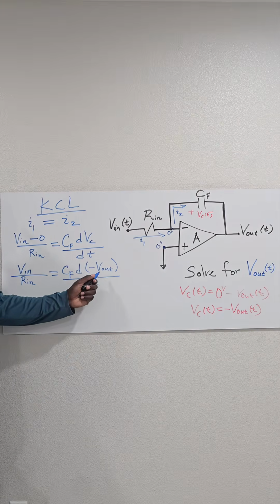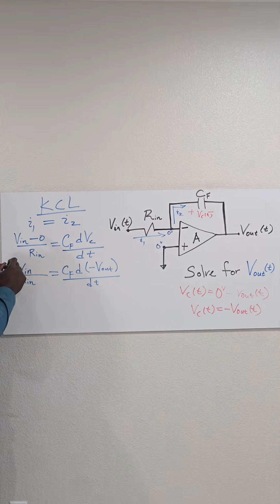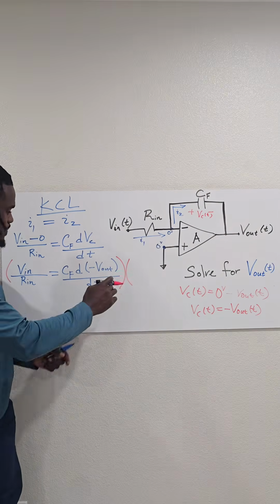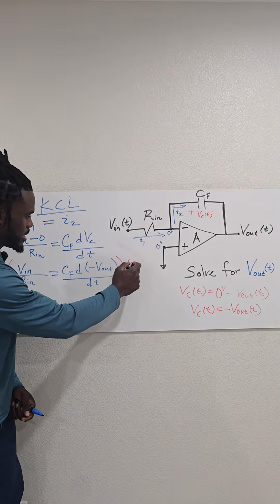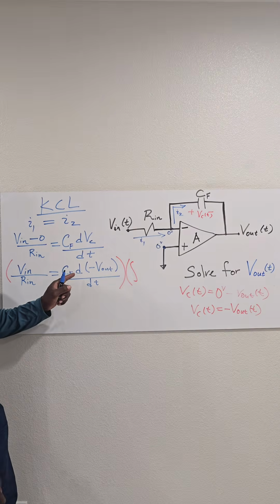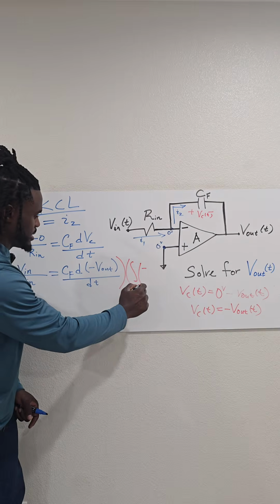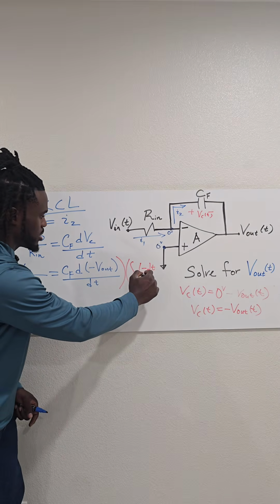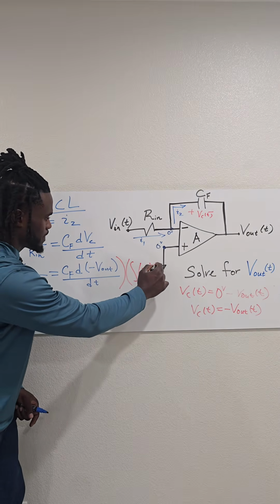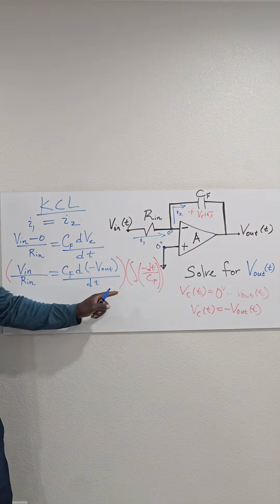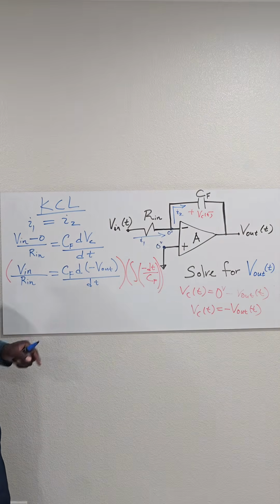In order to isolate this V out, on both sides I can multiply by an integral that gets rid of this d, this delta here. And then I can also multiply by a minus dt over CF. And what that does is the dt cancels this guy out and the CF cancels this guy out.